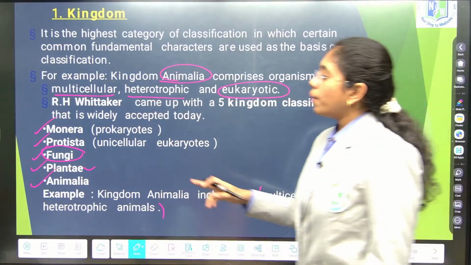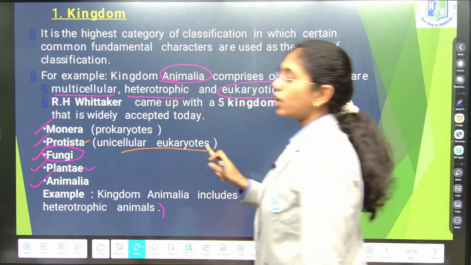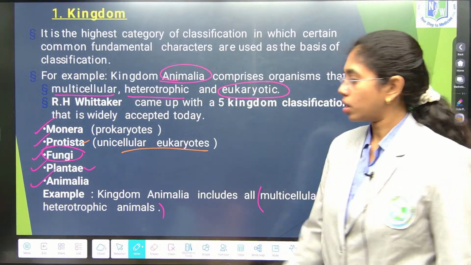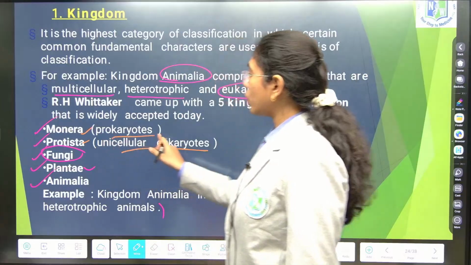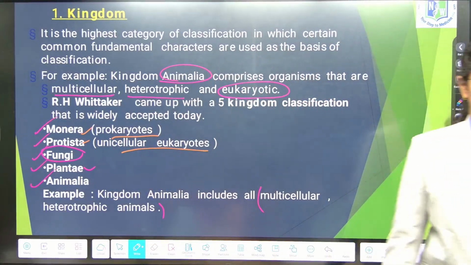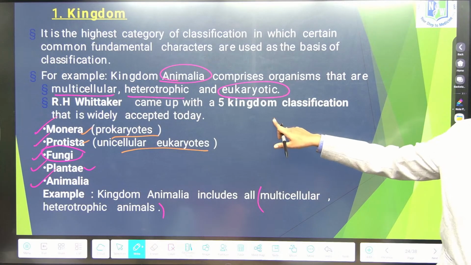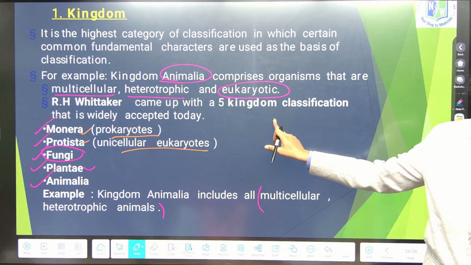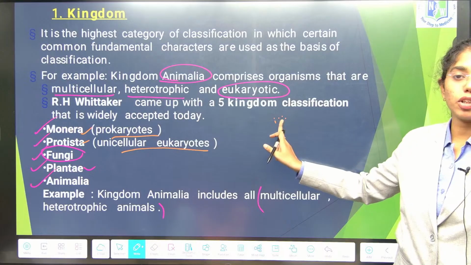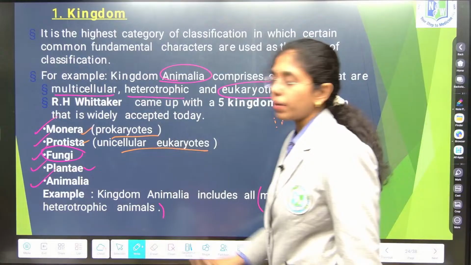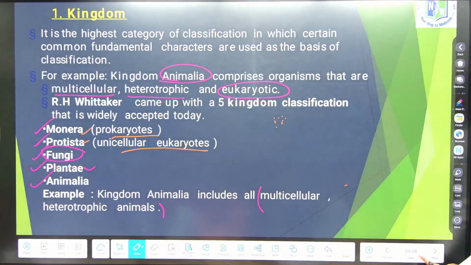Protista includes all the unicellular eukaryotes with different modes of nutrition. Monera includes all the unicellular prokaryotic organisms. As such, how many kingdoms are proposed? Five by R.H. Whittaker. This is what we learn in biological classification in the beginning, and we will learn about each kingdom in detail. Okay.